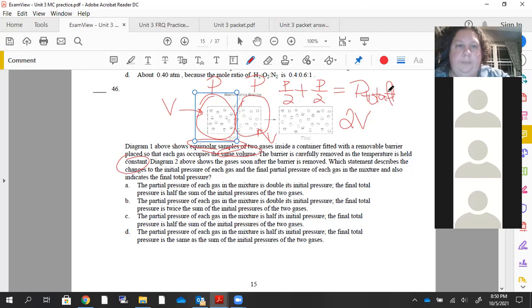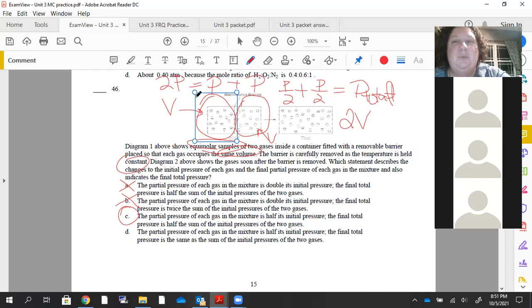So the partial pressure, or the pressure of each one of those gases, is going to be half of its initial pressure. So A and B are out. We did not double the pressure of each individual gas. When we add those two pressures together, it's half of pressure 1 and half of pressure 2. It means that the final total pressure is half of what it would have been when we added them together initially. Because initially it would have been whole pressure plus whole pressure. That would have equaled twice the pressure.